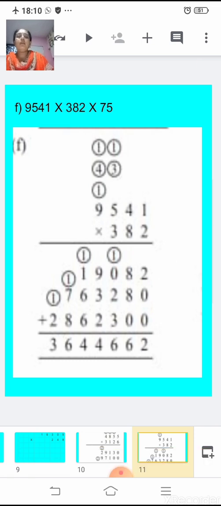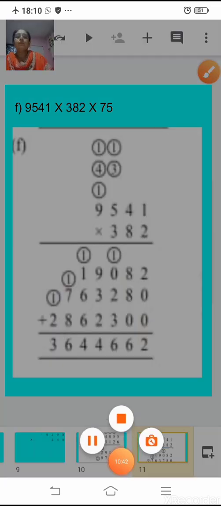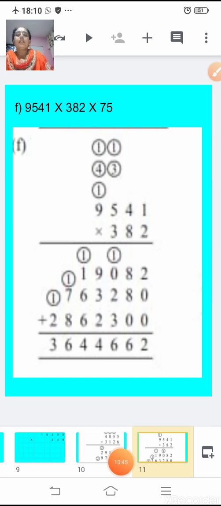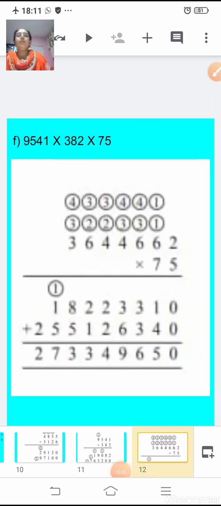Now the same way, with the product of the first two numbers, I have multiplied the number 75. Now you can just check the answer after doing the multiplication.